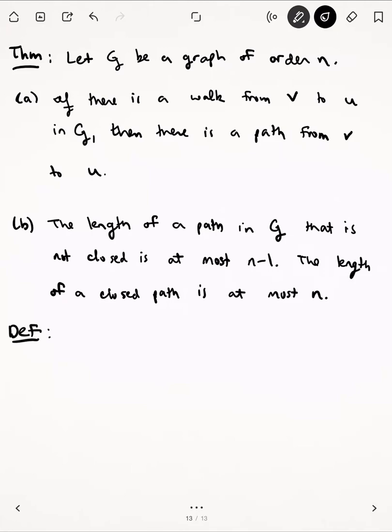And so now what we're going to put an eye towards is relating graphs back to this idea of equivalence relations that we talked about earlier in this chapter.